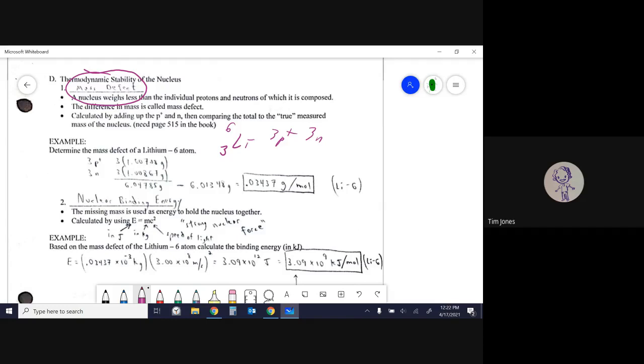Go ahead and take a look at page 515 in our textbook. So I'd say go ahead and stop the video, get the book out right now, look on page 515, and you will see a chart. I'll grab it too. What do they call this chart? Chart of nuclides or something like that.